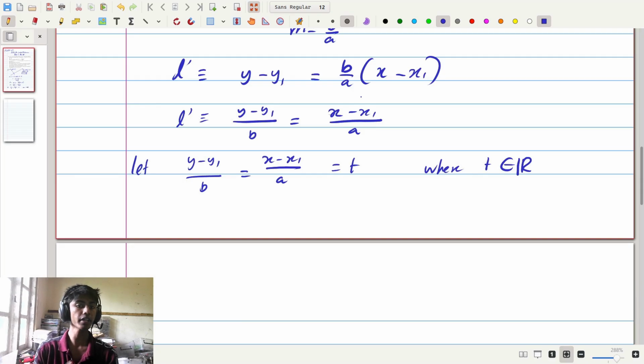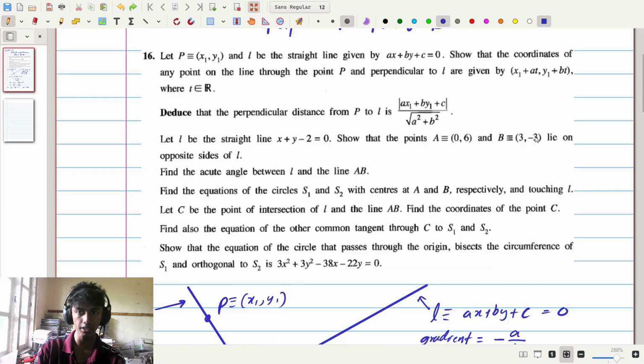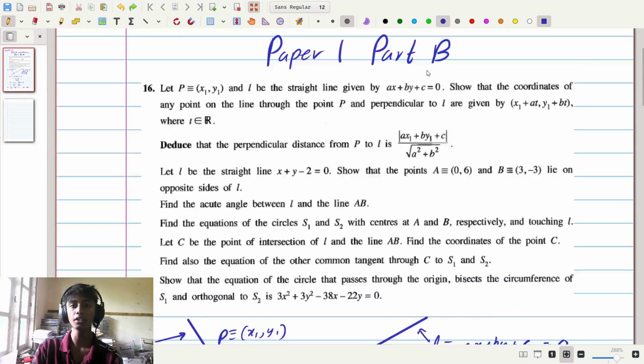Now from this, what we can see is that if we take this component and this component separately, we will get the y component that we have given in the question, and if we take this component and this component separately, we will get the x component given in the question.